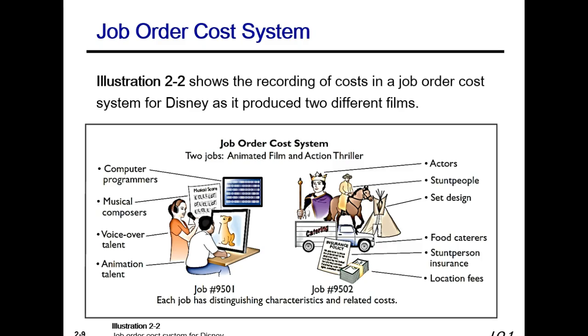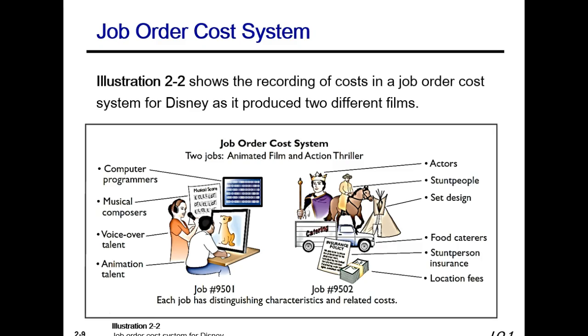As you see here, this system shows how we account for costs related to a Disney film. So we've got film job 9501 and job 9502. Each one is going to have unique costs associated to it.